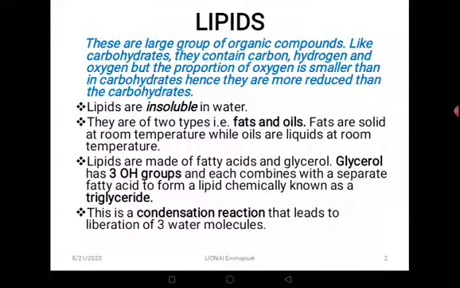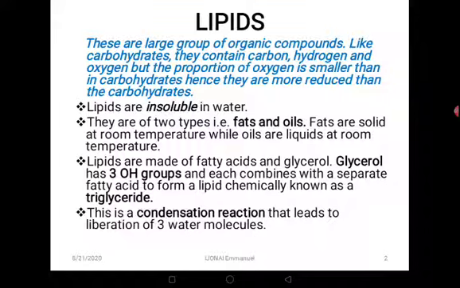Hence, they have more hydrogen compared to oxygen. So we can easily say that they are more reduced, and the carbohydrates are more oxidized. But they have the three major elements: carbon, hydrogen, and oxygen, just like the carbohydrates. The only difference is that they have little oxygen compared to the carbohydrates.